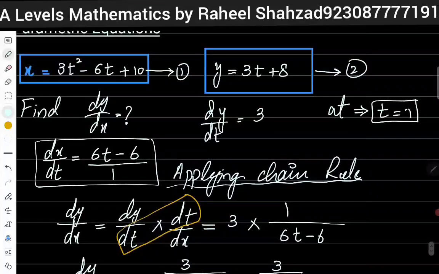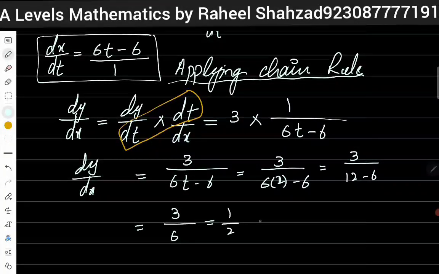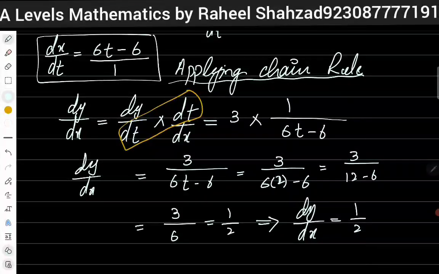So let's change it, for example at t equals 2. At t equals 2, it's 3 divided by 12 minus 6, that makes it 3 divided by 6, which is equal to 1 divided by 2. That gives us dy by dx is equal to 1 by 2 for this parametric equation.